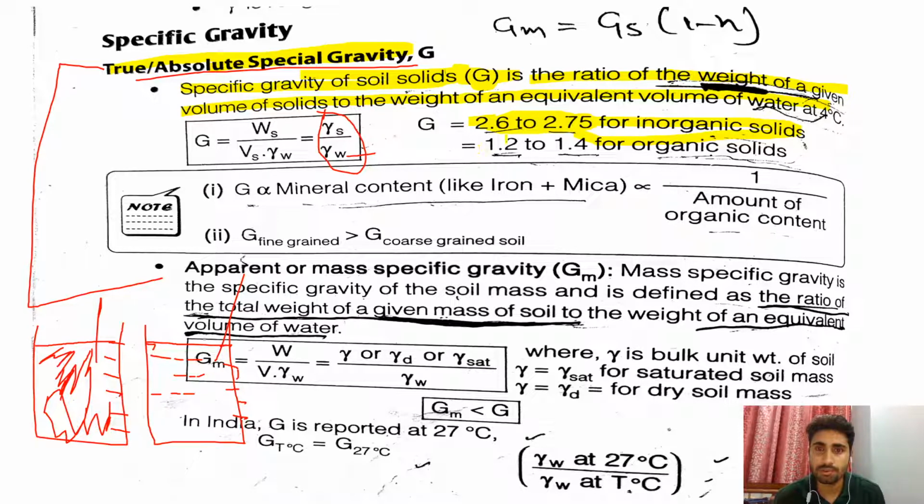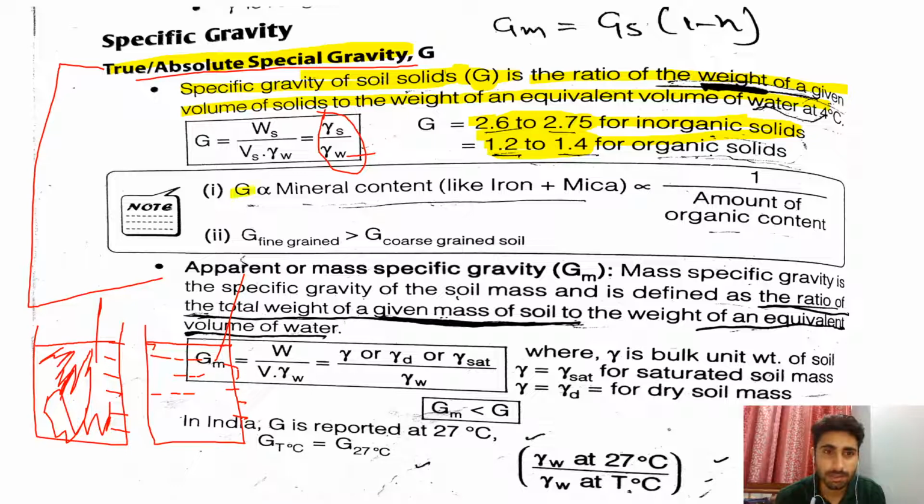For organic soil this is a little less, it is 1.2 to 1.4. In any calculation, if you are not given any value of G and that is an inorganic soil, you can use a value between 2.6 to 2.75.